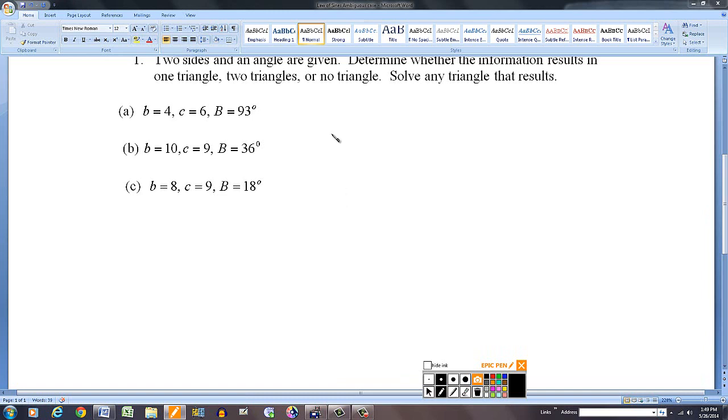So we set up our formula with the information given. I'm given angle B and side b, and I'm given side c.